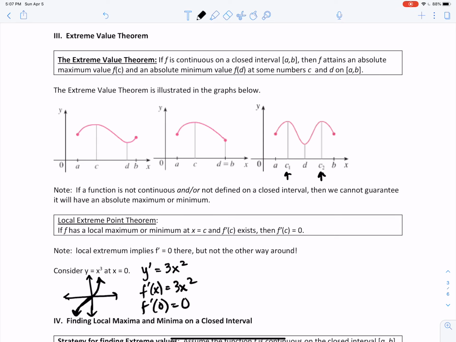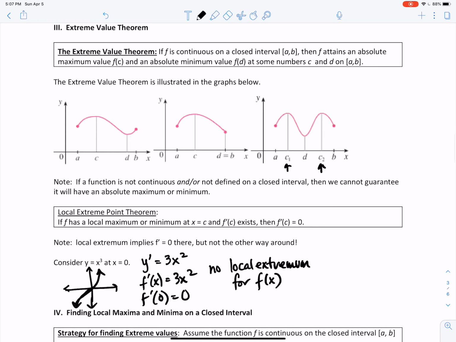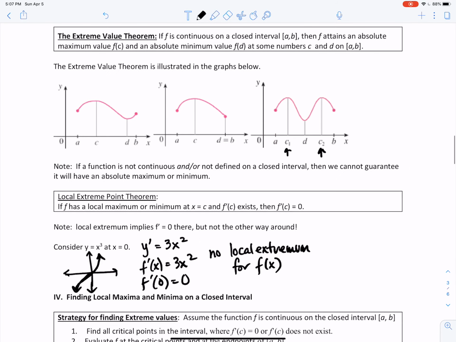So in this case, there's no local extremum for f of x. So just because the derivative equals 0 doesn't mean we're going to have an absolute or local max or min. And that example is showing you that.